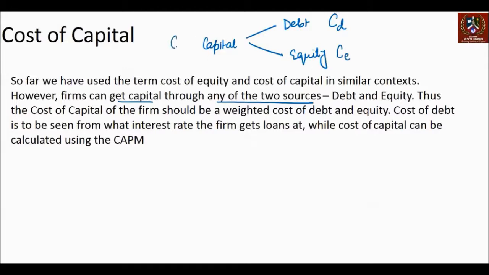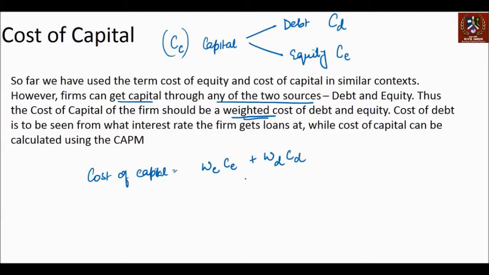So the total cost of capital should be, in a sense, a weighted cost of debt and equity, which is, very simply put, cost of capital equals weight of equity into cost of equity plus weight of debt into cost of debt.